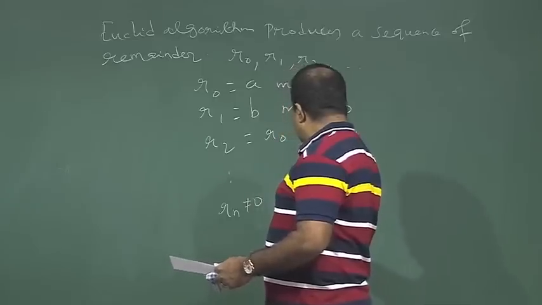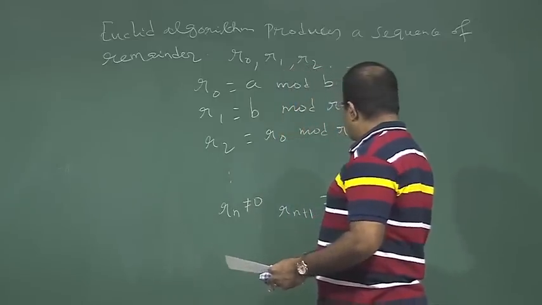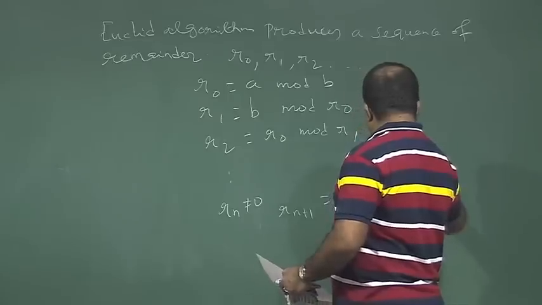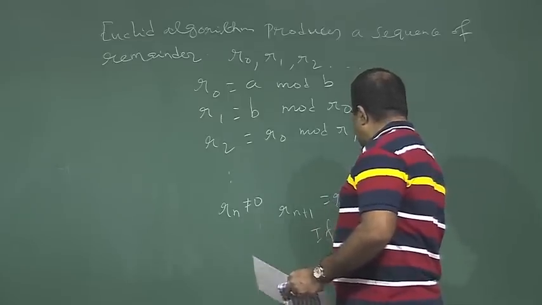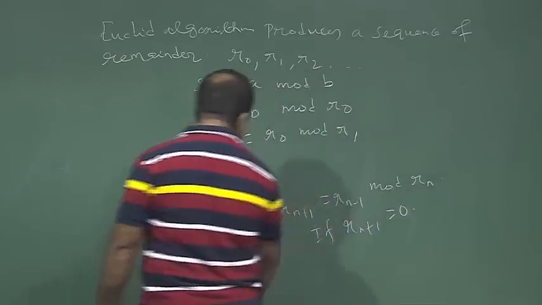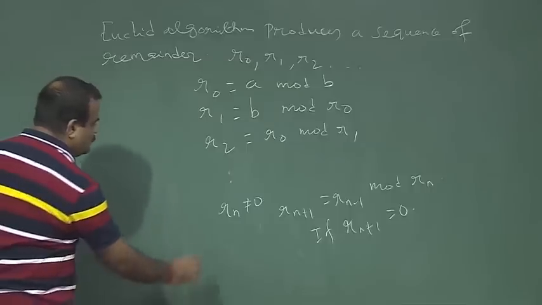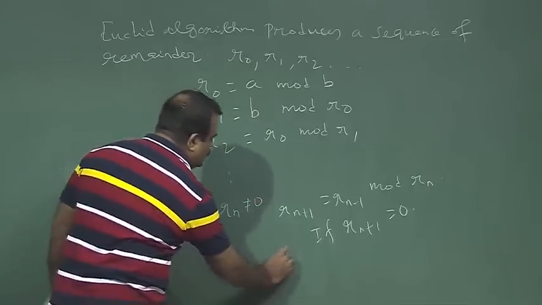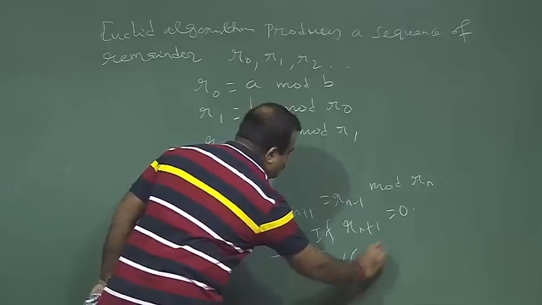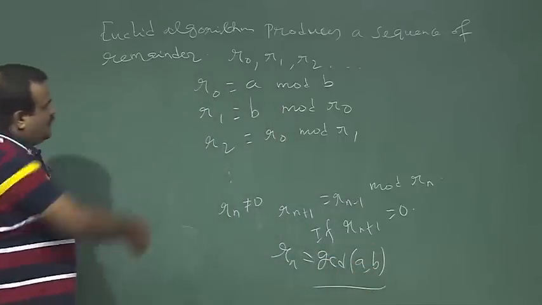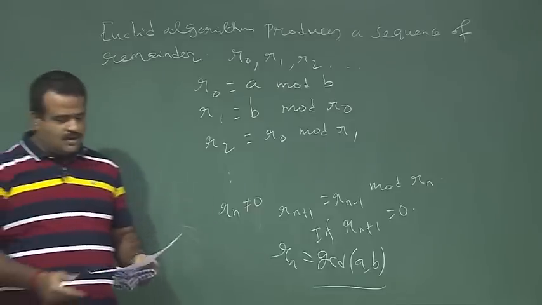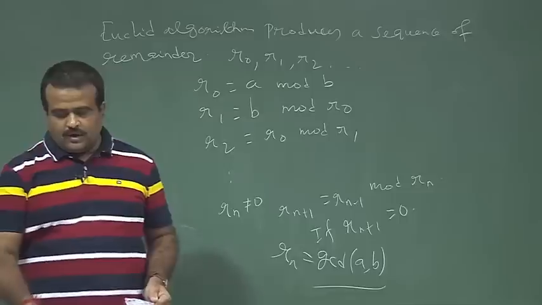So Rn plus 1 is basically Rn minus 1 mod Rn. Now, if Rn plus 1 is 0, then this Rn is basically the GCD of A and B. Then Rn is basically GCD of A comma B. So this is the way we find the GCD using the Euclid algorithm based on the theorem.